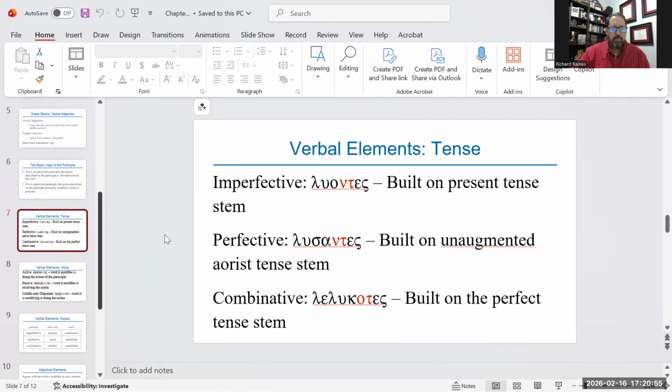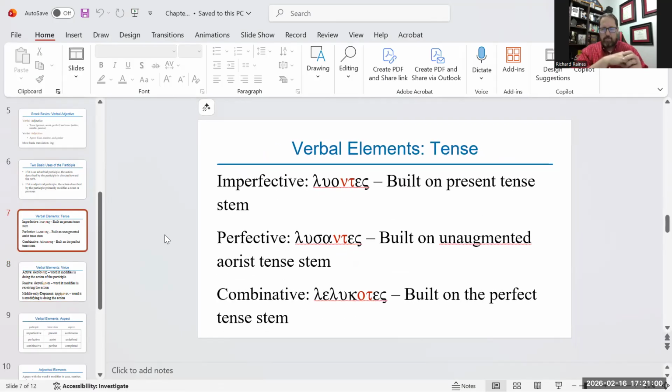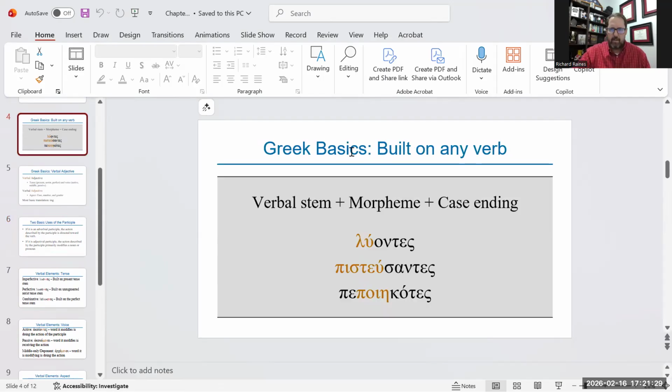When it comes to the verbal elements, remember there's verbal and adjectival elements. So when it comes to the verbal elements, you're going to have the imperfective, the perfective, and the combinative. That combinative is that word that he introduced in the last series. But you can see here in the orangish red, I'll show you right here, you can see the morpheme that we're talking about.